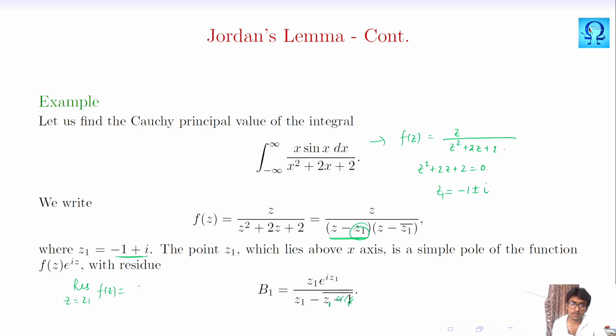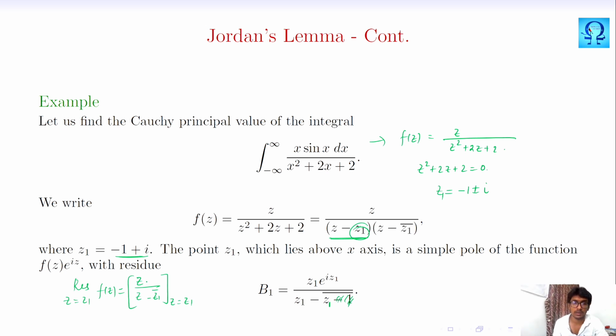You just have to remove this one and take the other thing: z minus z1 bar, evaluated at the point z equals z1. If you do it, you get the residue of this function.